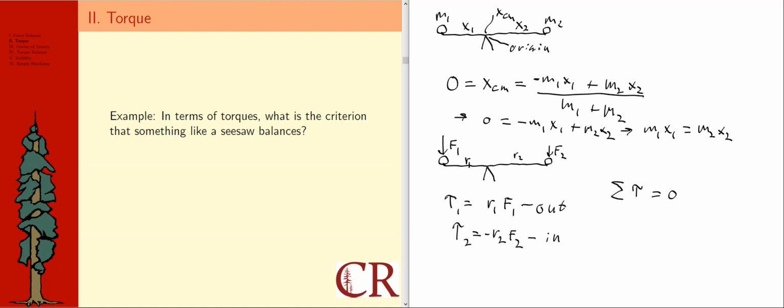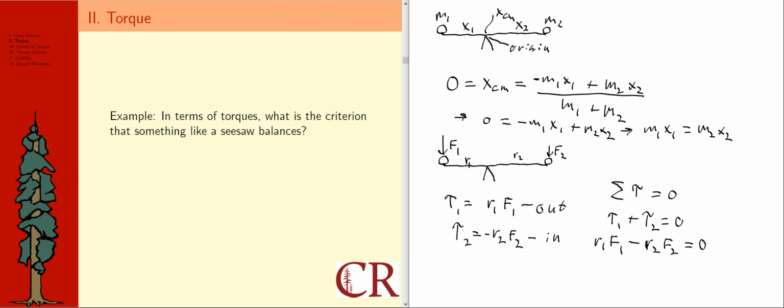In this case, there are two torques, I've defined tau 1 and tau 2. But with the minus sign that I defined here, I would actually get R1 F1 minus R2 F2. So this is the condition I get from that, which is actually really the seesaw equation again.